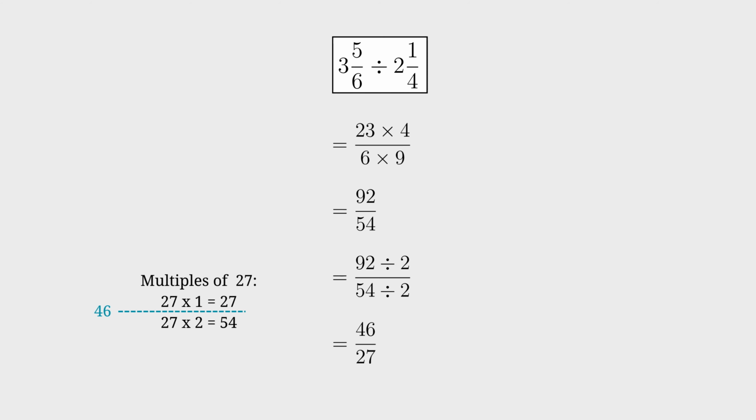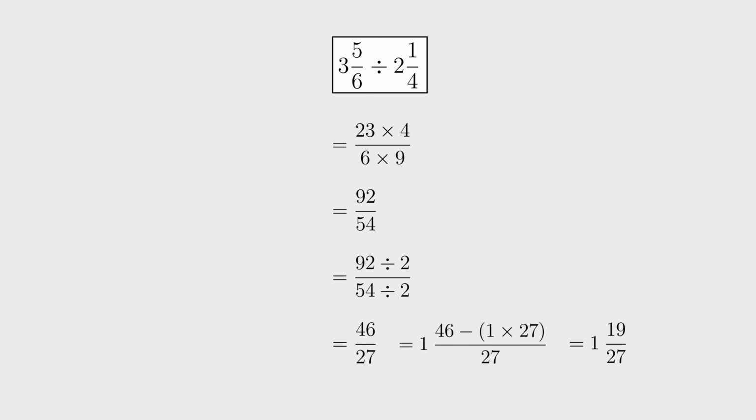So write a 1 next to the fraction and subtract your amount of 27s from 46. Here we only have 1, 27. 46 minus 27 is 19, so your answer will be 1 and 19 over 27. This is in its simplest form, and thus it will be your final answer.